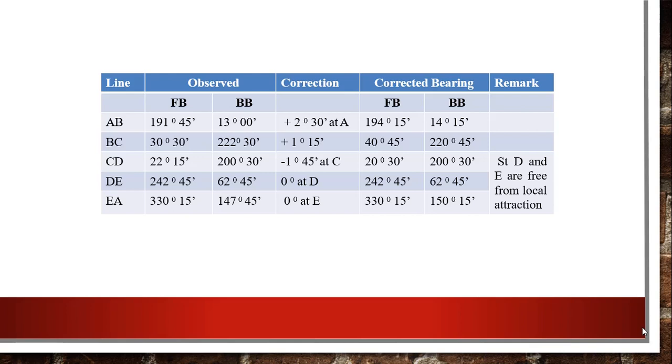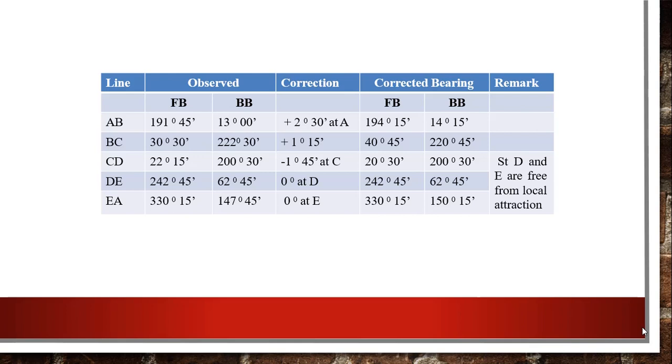So stations D and E are free from local attraction because the difference of FB and BB is exactly 180 degree, therefore we applied the corrections on the next stations, that is A, B, C. In this way you have to carry out the numerical based on local attraction phenomena. Hope you all understand the concept of measurement of angles with the help of prismatic compass.